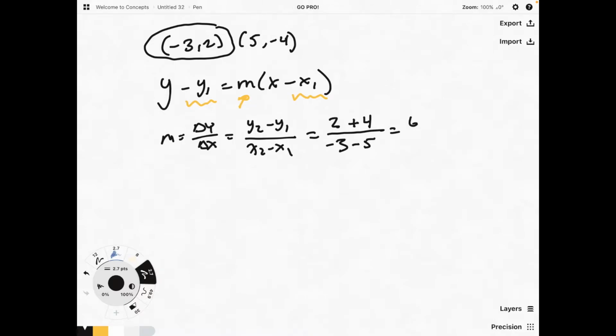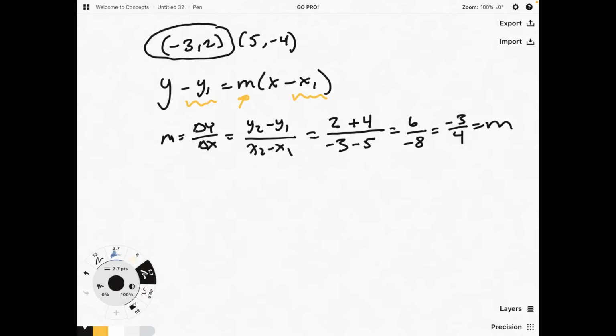This is equal to 6 over negative 8. And this is equal to negative 3 over 4, which again is equal to m.